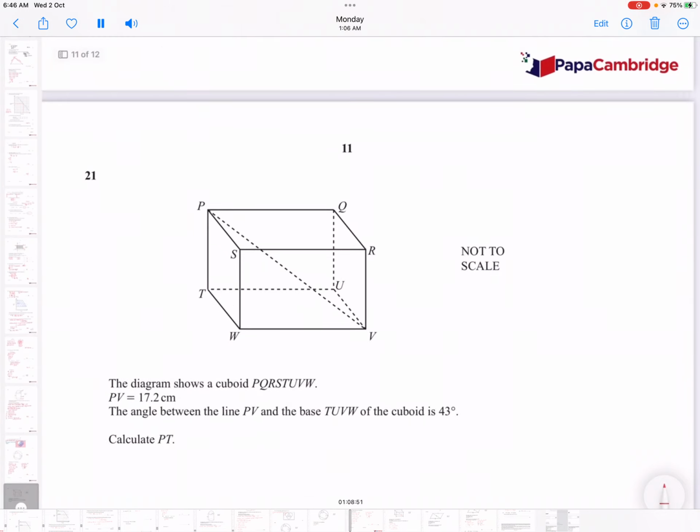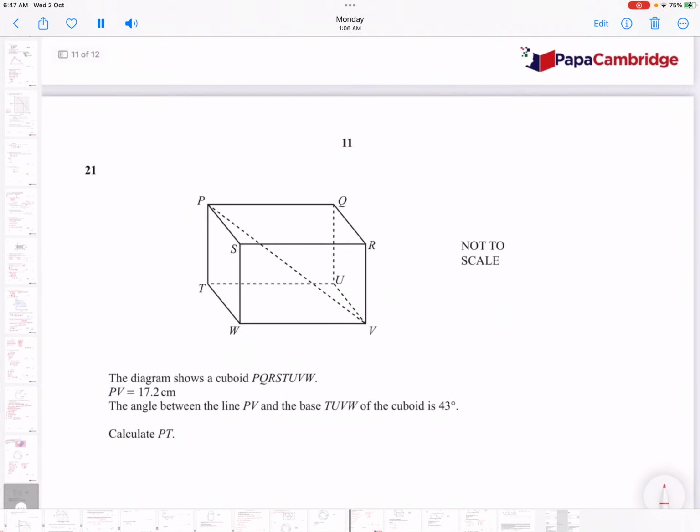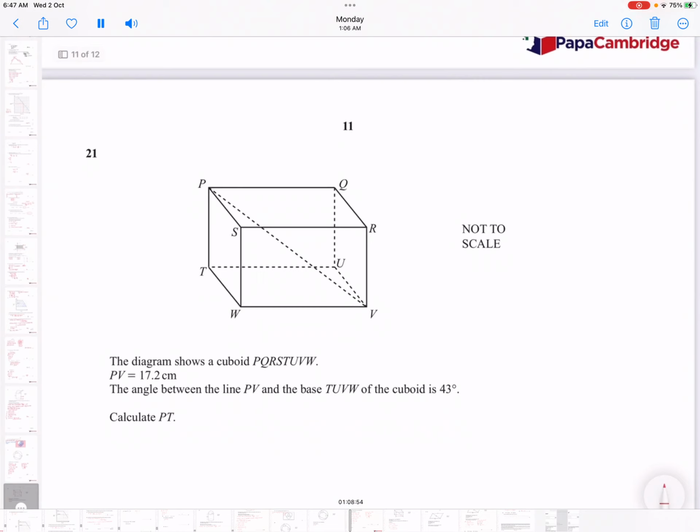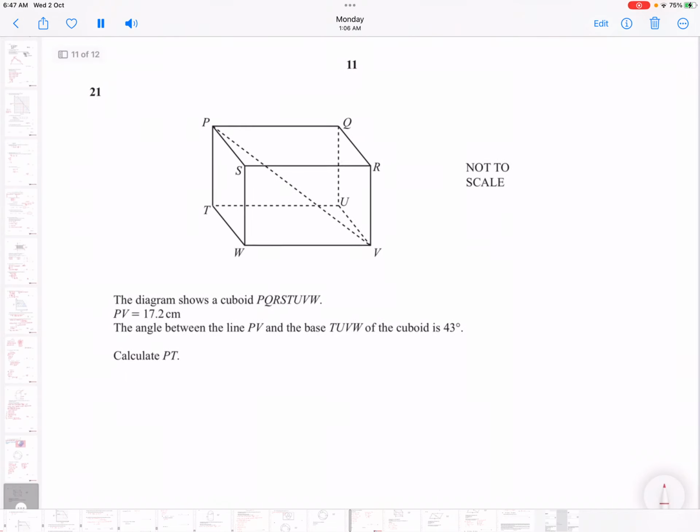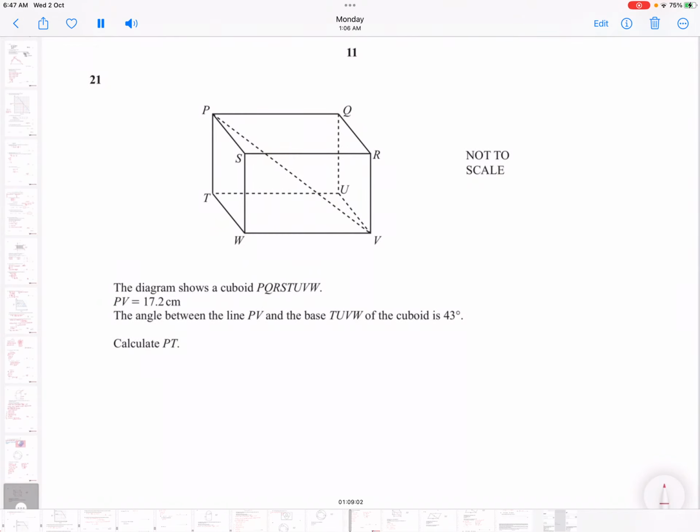Question number 21. Calculate PT. So PV is given. The angle between the line PV and the base TUVW of the cuboid is given. So this is the diagonal TV, and the angle 43 is here, and the length PV is 17.2.